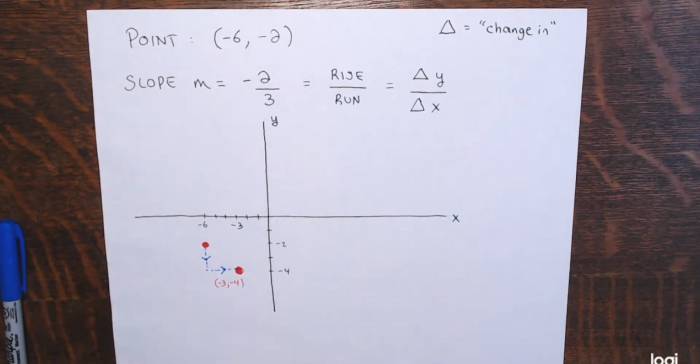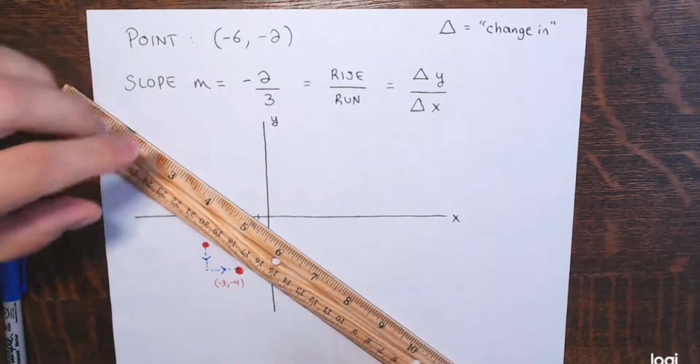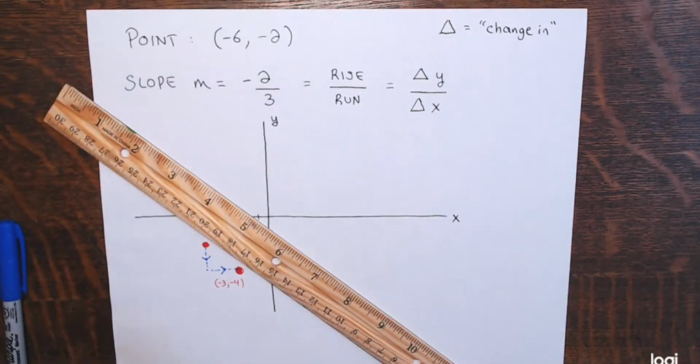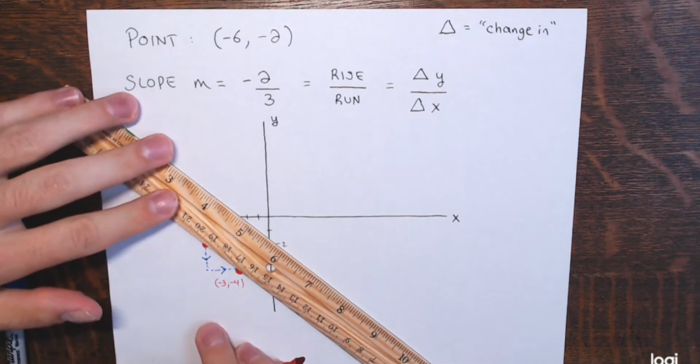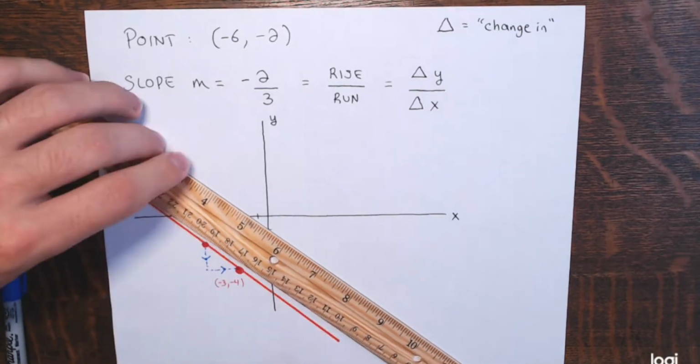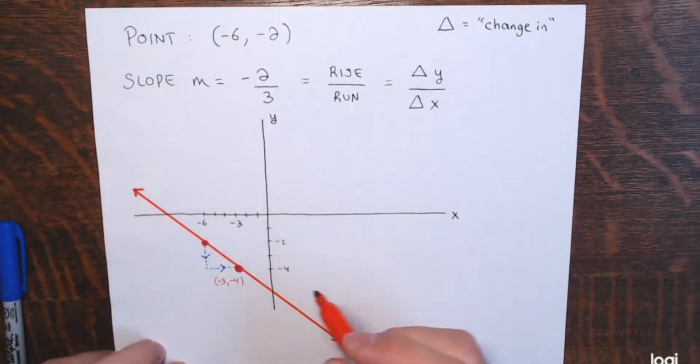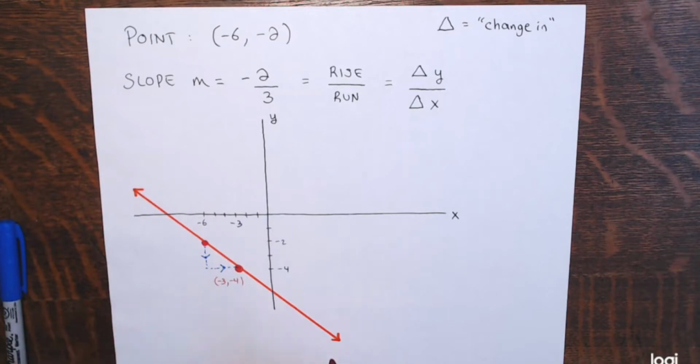So 2 of them should be enough. So I've got 2 points here. I'll pull out a little ruler. You don't need a ruler. And then the line should be all these points here, all the points falling on that line with those 2 points, negative 6, negative 2, and negative 3, negative 4.